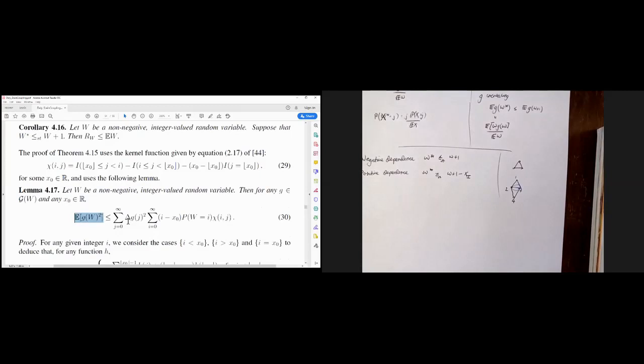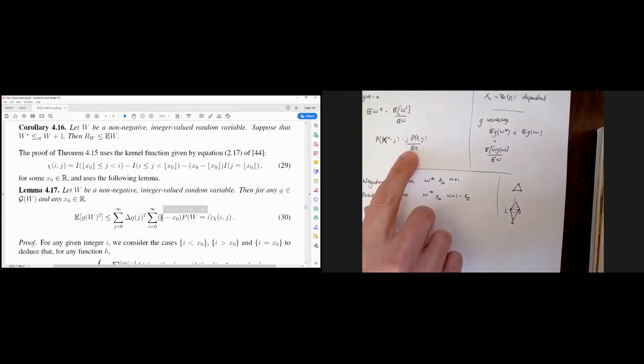The other thing was to do with the expectation of the square of the increments of g. So I write down a representation for that in terms of a kernel function that Poisson defined at some point. I'm going quickly. I don't expect you to follow everything I'm saying, but I just want to show you where this monotonicity appears. We get some size biasing. I've got an i times the probability W equals i, so that's a size bias type thing.